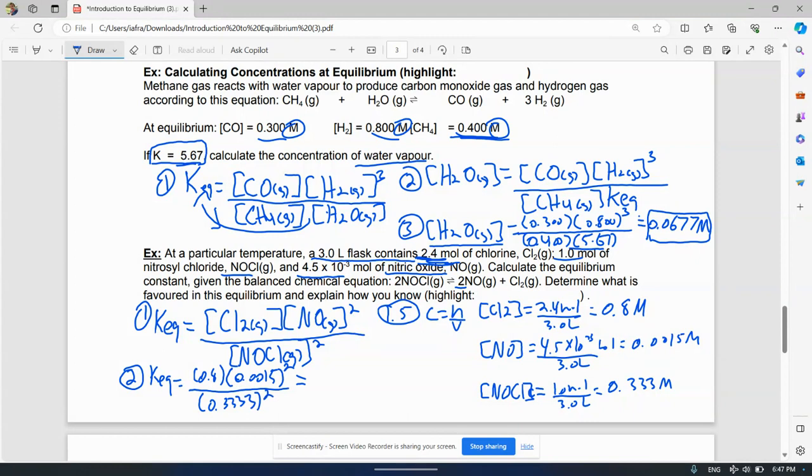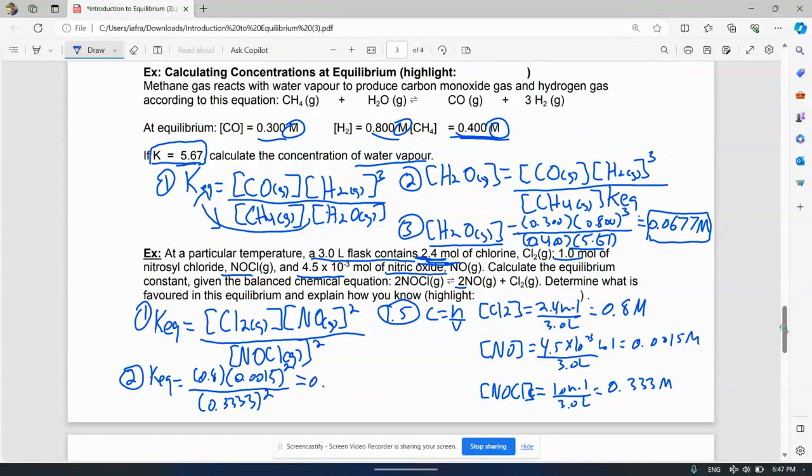So we have 0.0015. We'll square that times 0.8 divided by 0.33333333 squared. And you'll see that you'll get this number here. You can write it in scientific notation if you'd like, but make sure you have the same number as me.